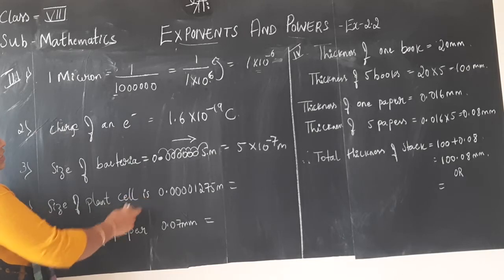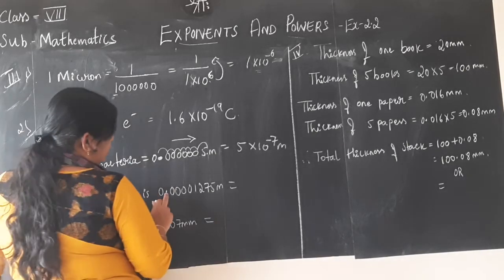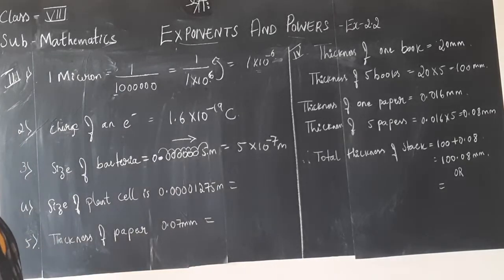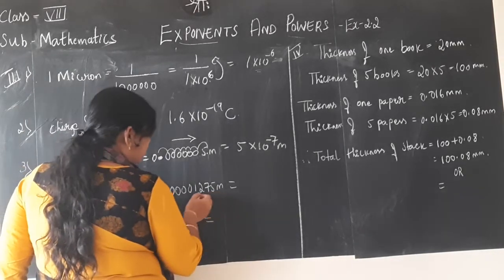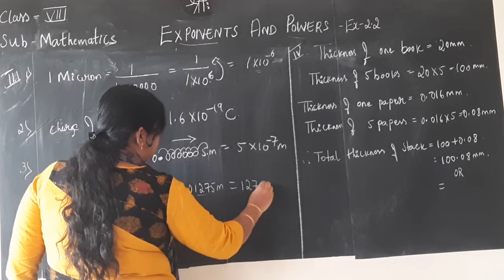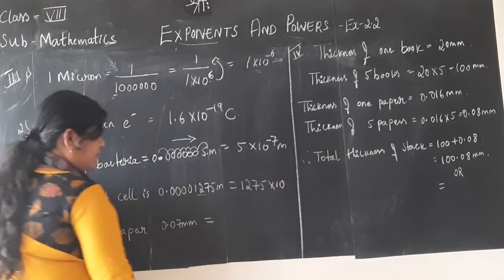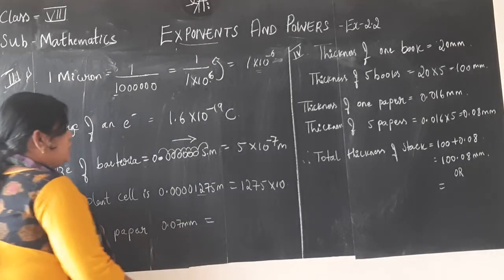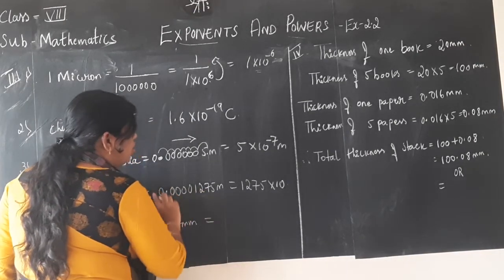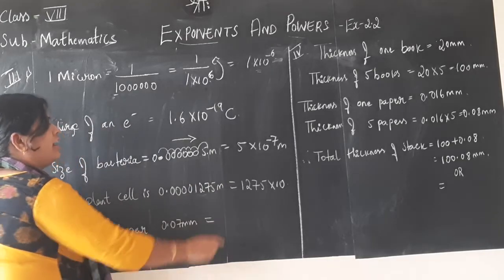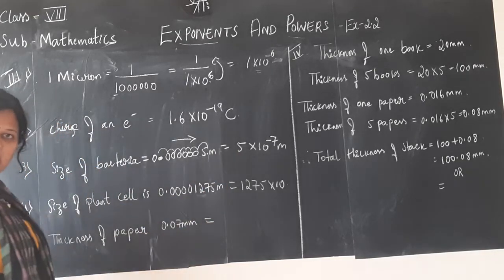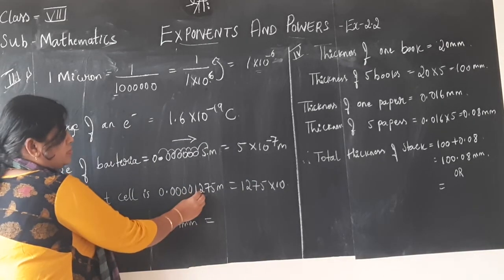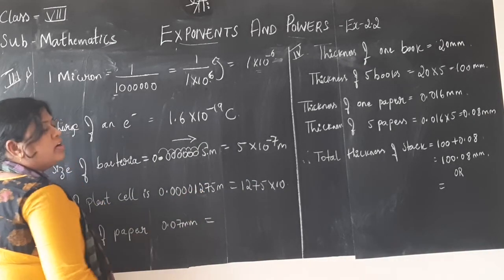Size of the plant cell is, again similarly you can do, 0.00001275 meter. But here, children, as usual, write all the numbers 1275 into 10 to the power. But always when you do such problems, make sure that you keep the decimal point not always at the end. If you have a single digit, you can keep it at the end. If not a single digit, make sure you keep the decimal point after the first number always.